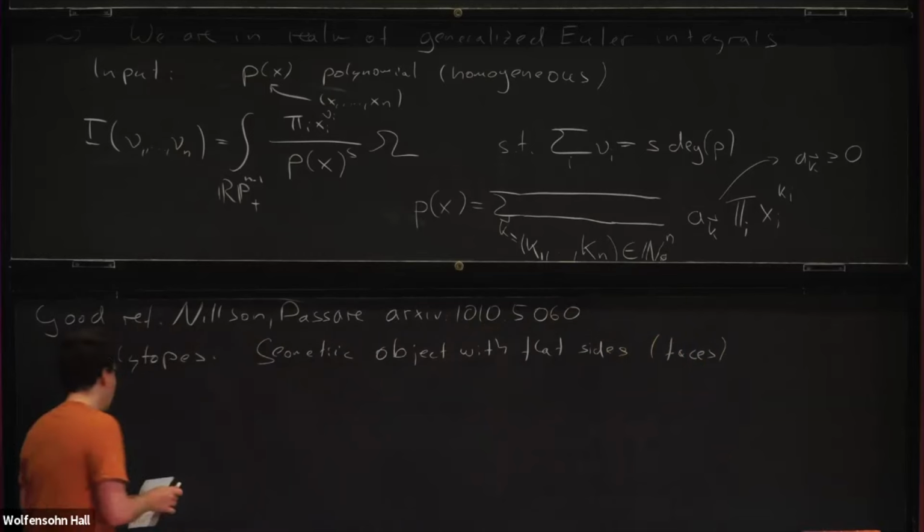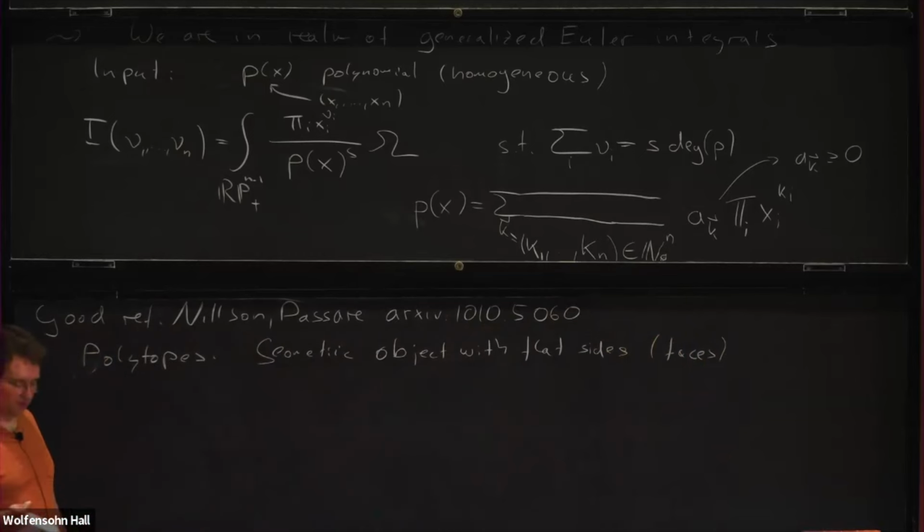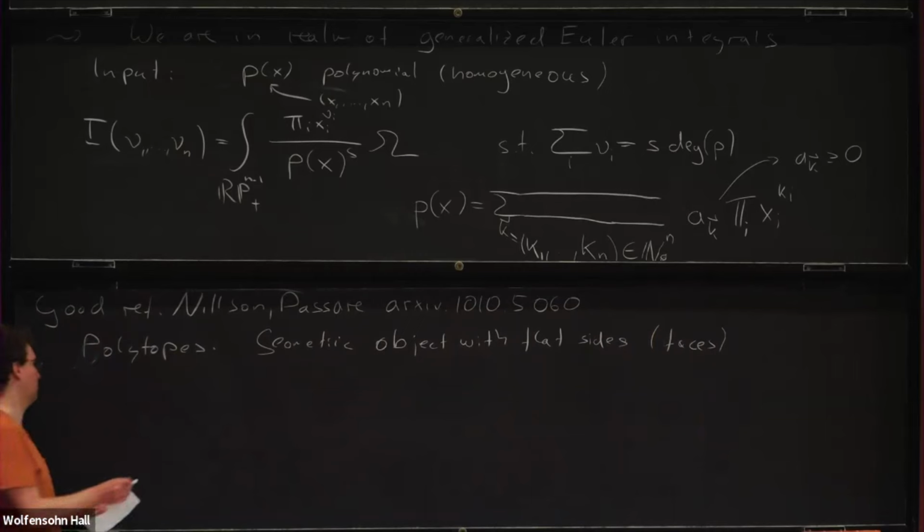And we can define a polytope as the convex hull of a couple of points in n-dimensional space.